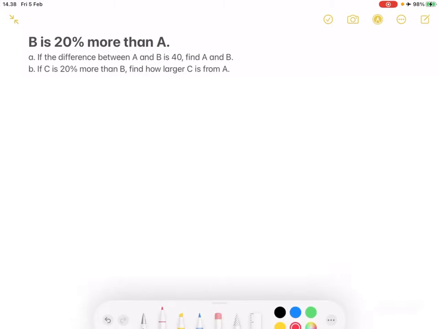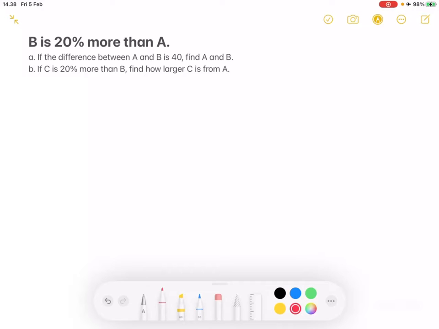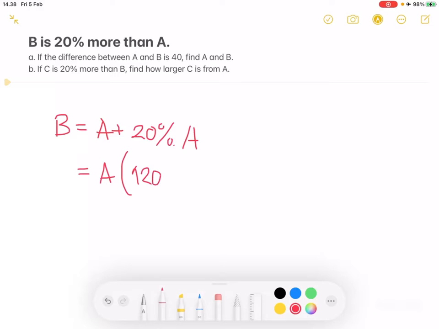So we can just rewrite an equation of B in terms of A, like so. If B is A plus the increase, which is just 20% of A, and then knowing that the coefficient of A we can set as 100%, and factoring out an A, we get that this will also equal A of 120%.